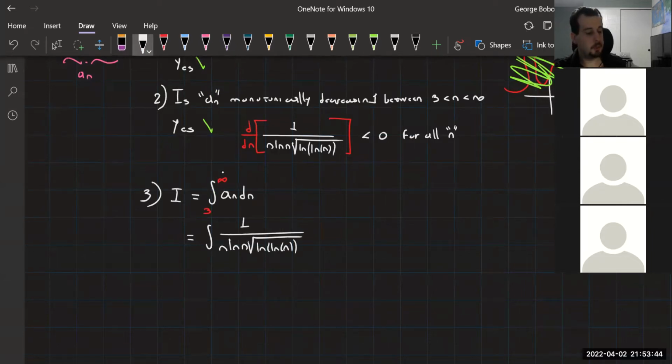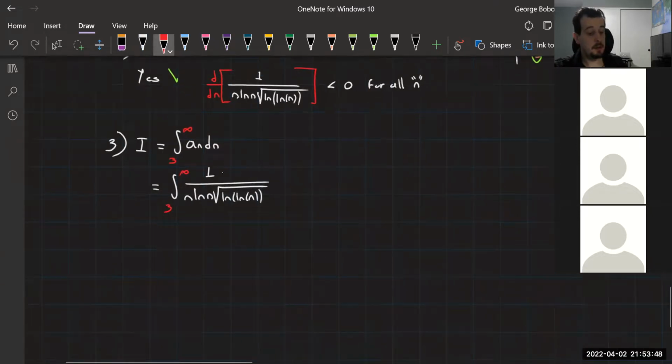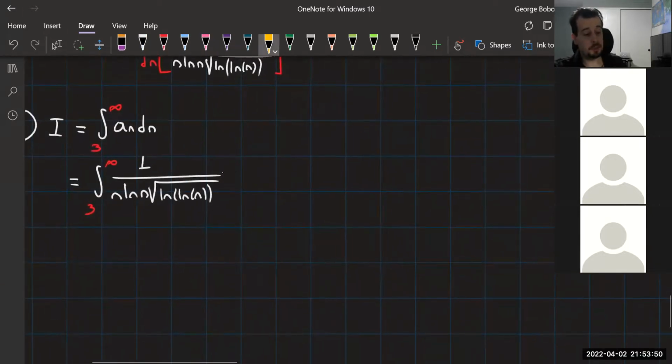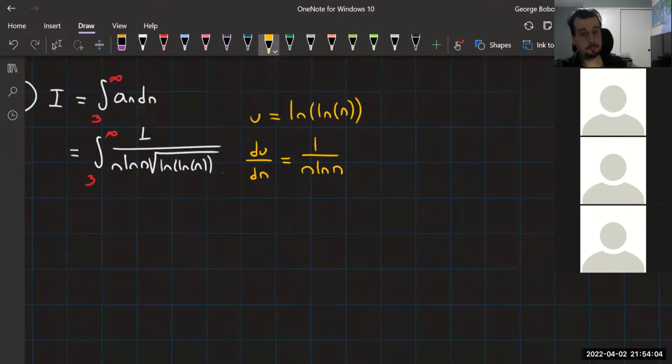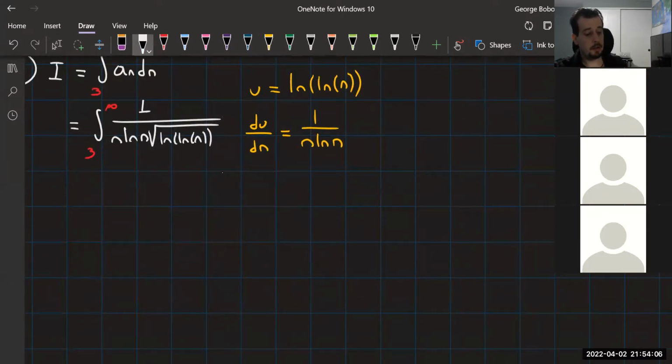And we talked about the u-sub that can make this work, that triggered the idea for the integral test in the first place. We said, what if u here is ln of n? We did the derivative there, Pranav, and we got 1 over n times ln n. There we go. We're integrating with respect to dn.